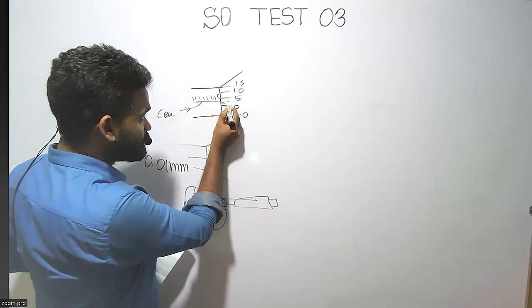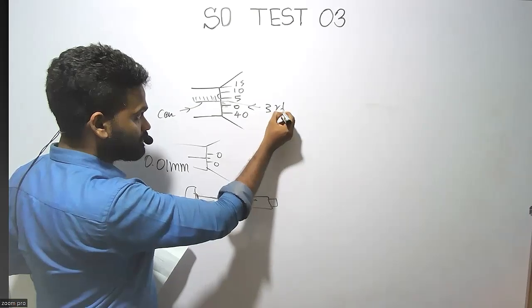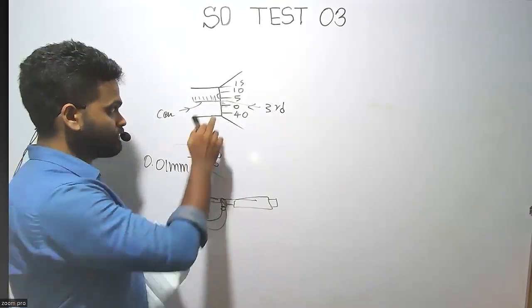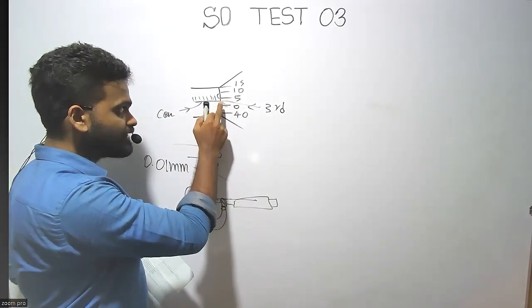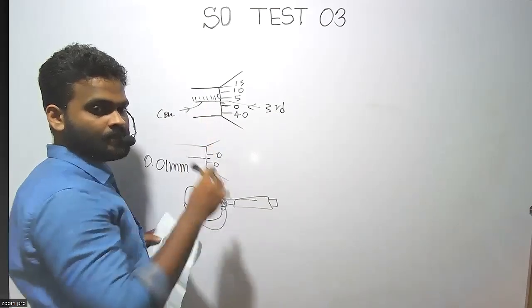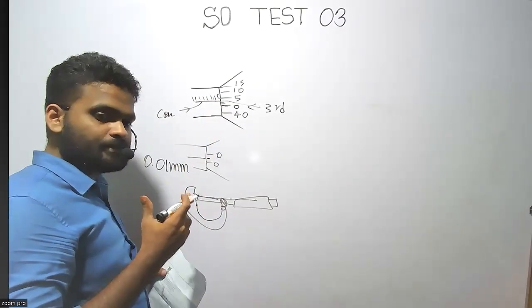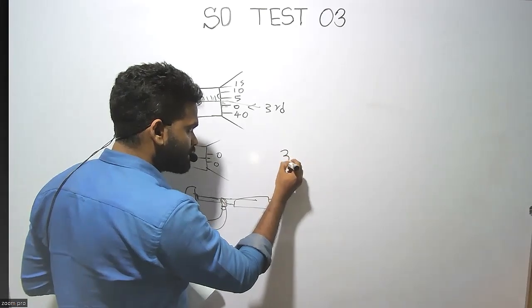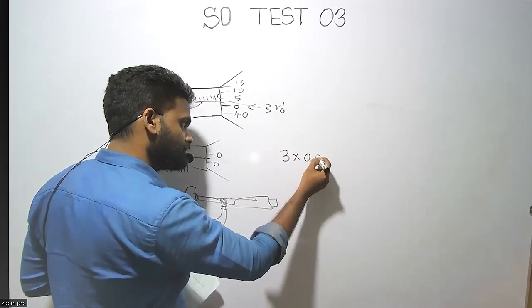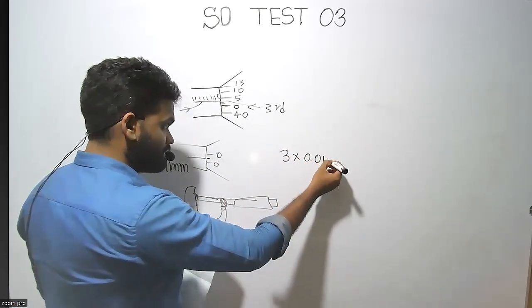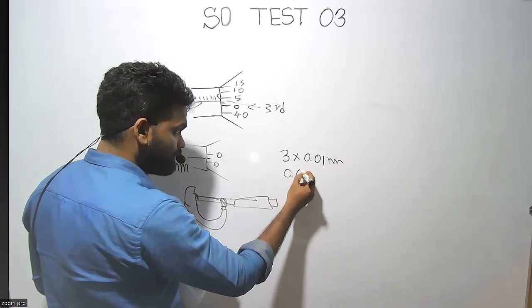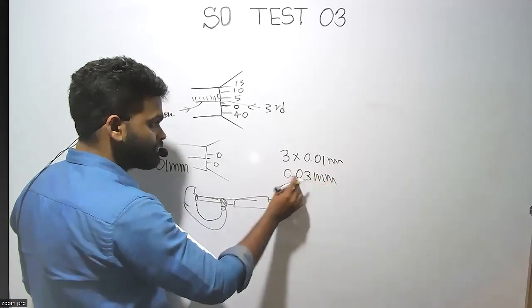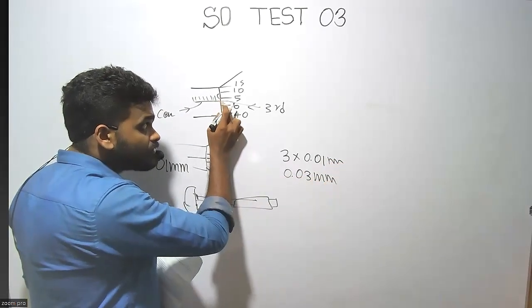So the third division, right? The third division of the circular scale coincides with the center line. Third means the reading should be 3 times the least count, 0.01 millimeters. So 0.03 millimeters is the shifted amount of this 0.